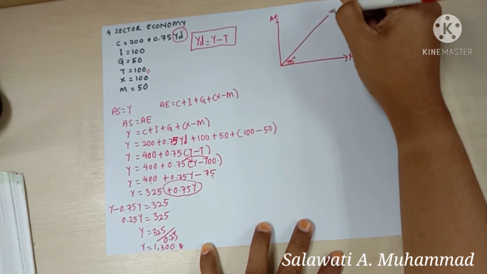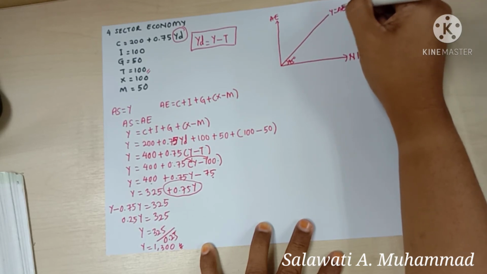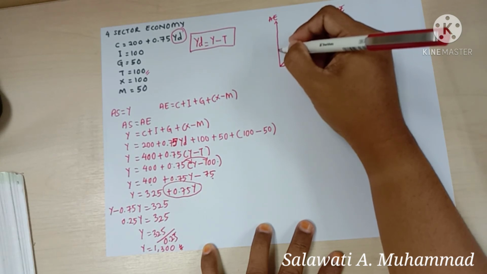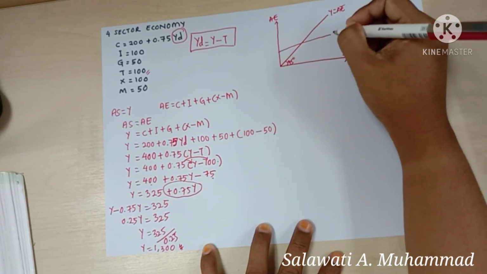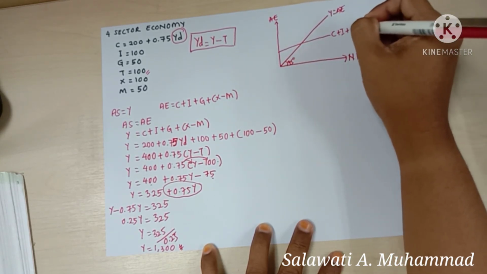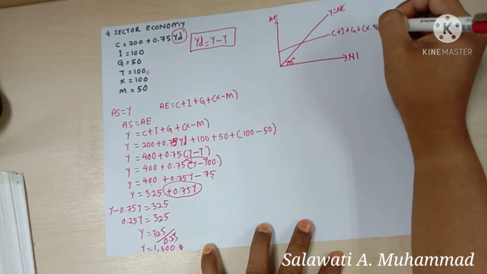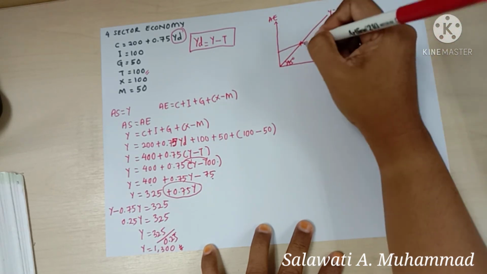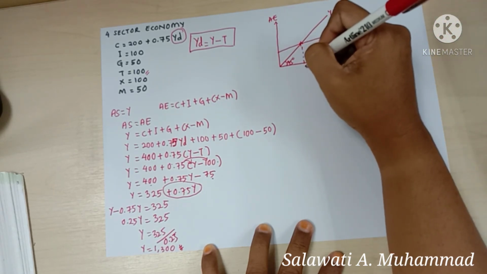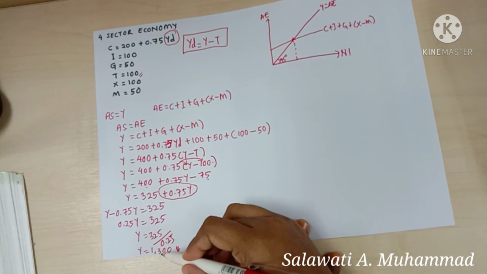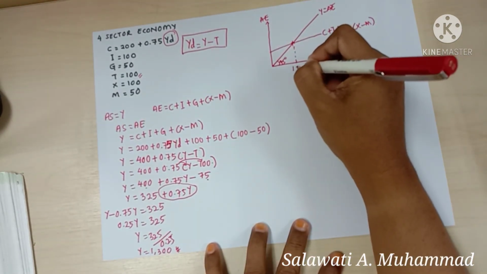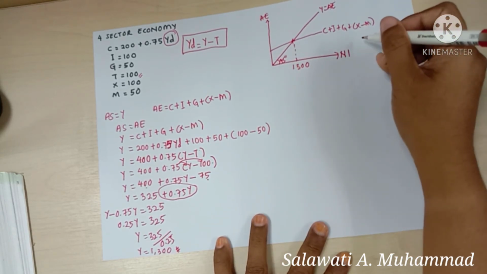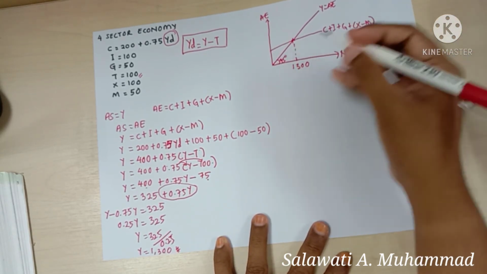That is for Y equal AE. Okay, so we have the equation here. C plus I plus G plus X minus M. So equilibrium is here. Y equilibrium is 1300. Yes. That is the AE approach.